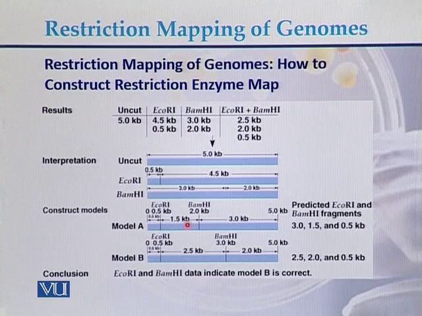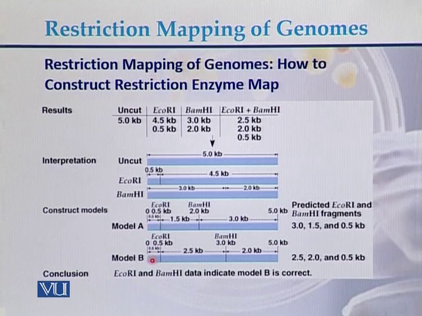So when we look at whether the EcoR1 site is here and the BamH1 site is here, it is not according to the fragments. The fragments will be 3 kb, 1.5 kb and 0.5 kb.